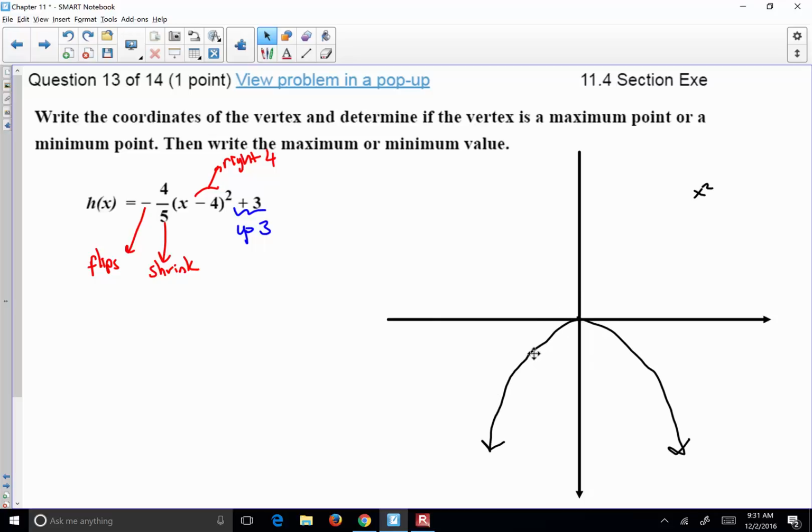So this is the right flip. This was going up here. The seed must stay and branches must go down. Okay? So I flipped it. 4/5 is going to make this thing wider. So I'm going to make it a little bit wider.